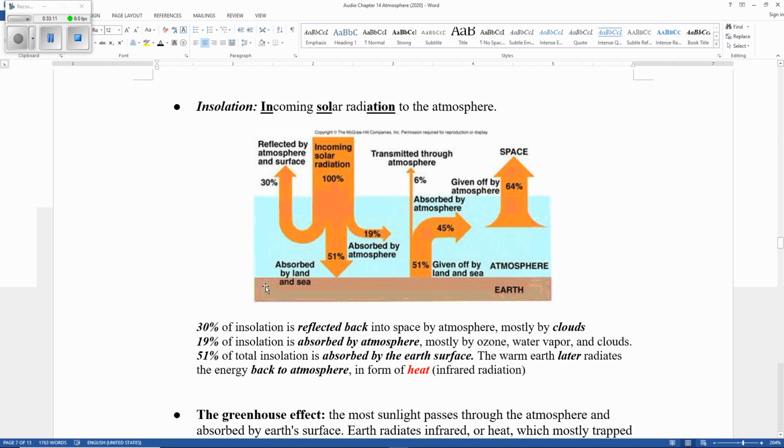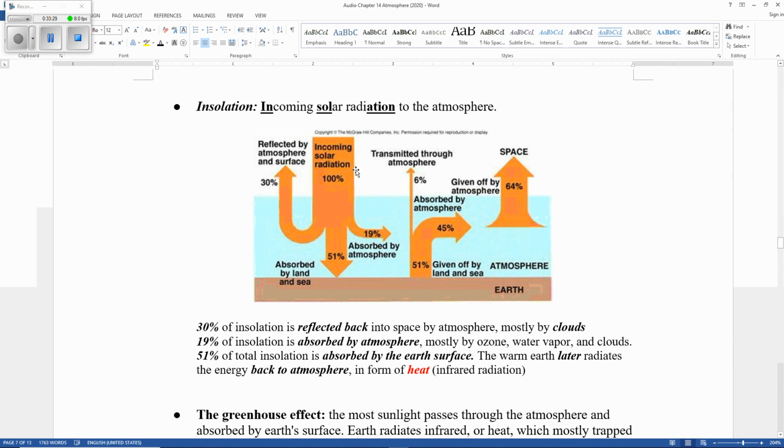So the atmosphere, this is the land, this is the top, about 600 kilometers. The atmosphere behaves just like a mirror, so some radiation goes back to space again.